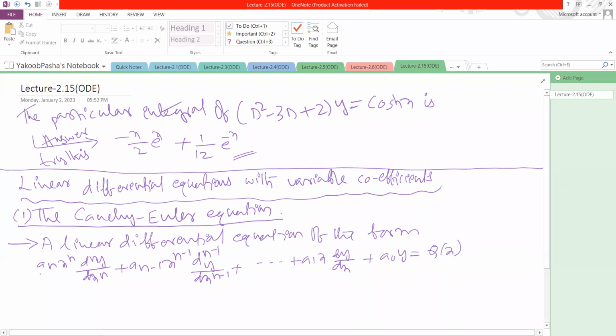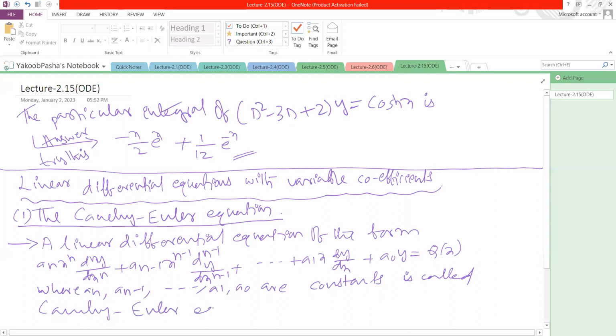an, an minus 1 and so on, a1, a naught are constants, is called Cauchy-Euler equation of order n.